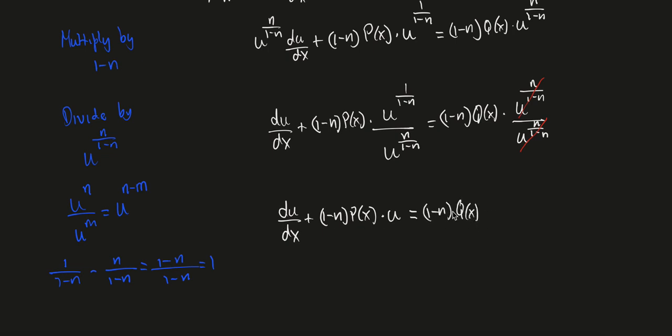And this is now a linear equation. So this is linear, right? And so it's linear with dependent variable u and still independent variable x. And then from this, we can use our integrating factor method, right?